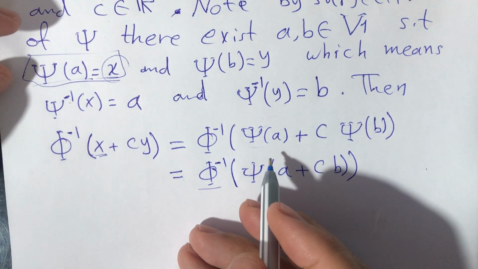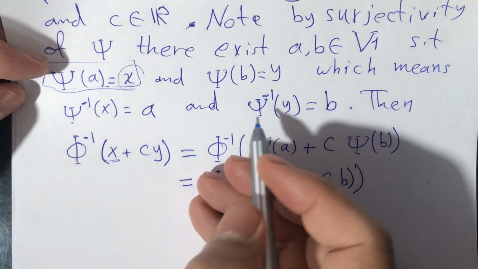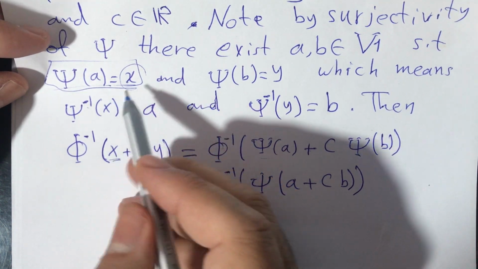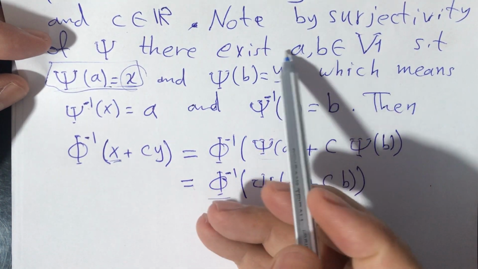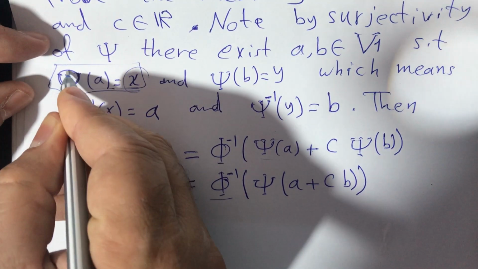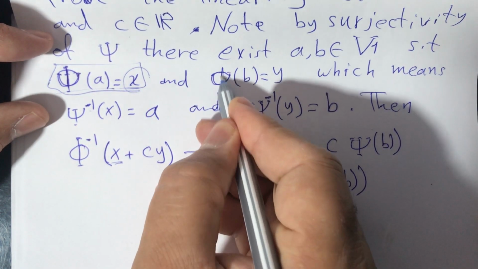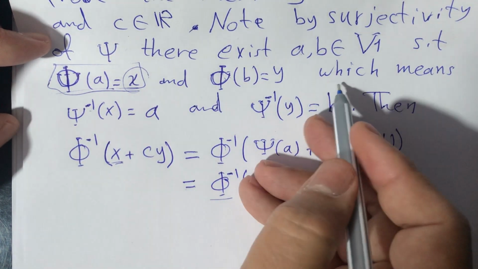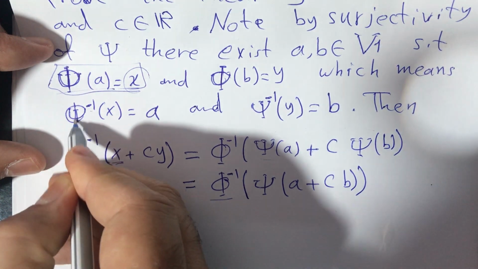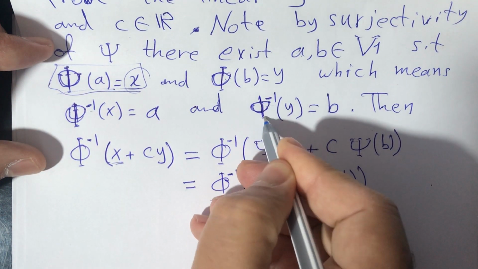Here should be phi here. This is a, b belonging to V1, and here should be phi, and also here phi, which means phi inverse, and this is also phi.